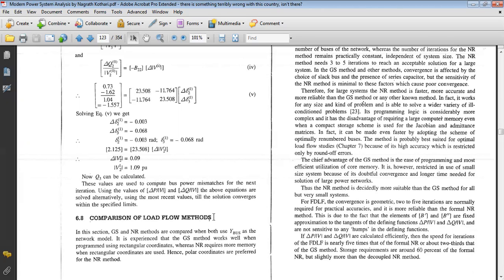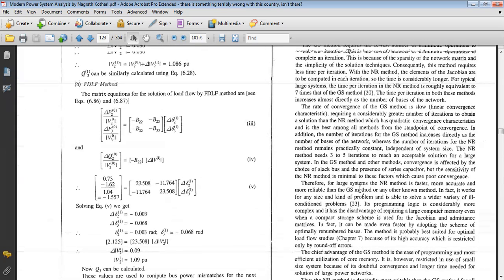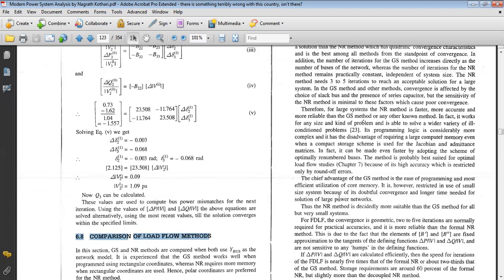So from this article, we need to read the comparison between the Gauss-Seidel method and the Newton-Raphson method. This is the last thing I have to say, and this is all about the load flow studies chapter. We have discussed the Gauss-Seidel method and Newton-Raphson method. Thanks to all.